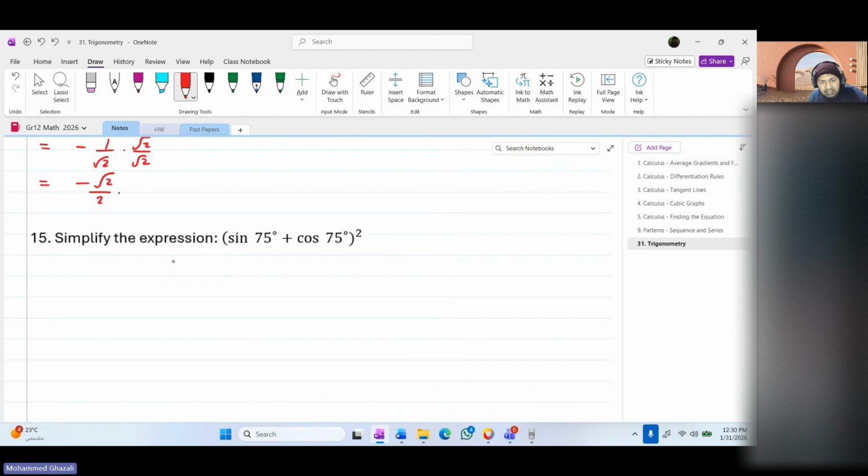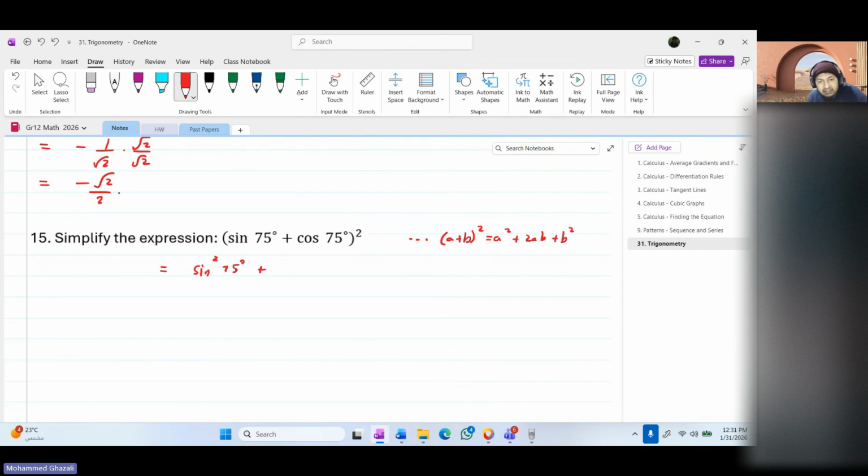If you're squaring a binomial like this, we know sine squared 75 plus, what's the middle term? 2 sine 75 cos 75. So remember, a plus b squared is equal to a squared plus 2ab plus b squared. All right?